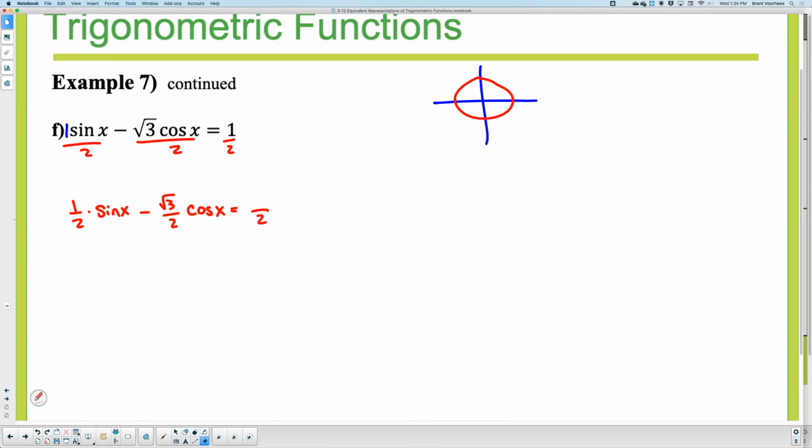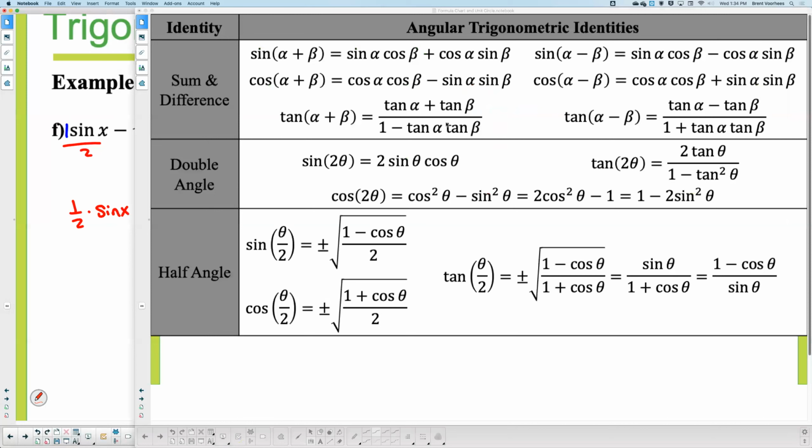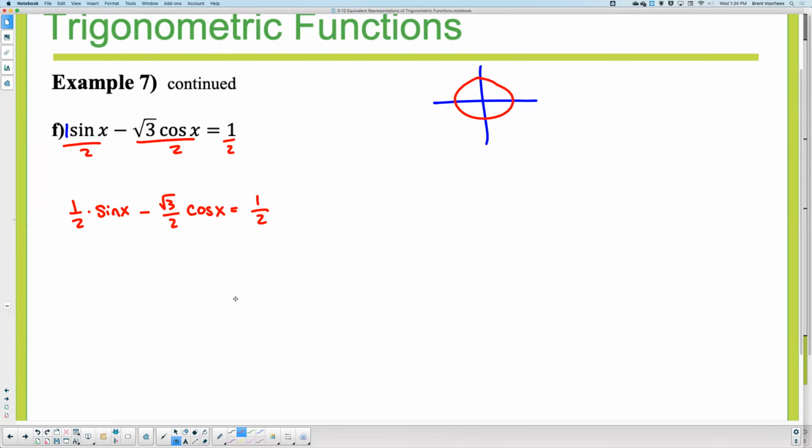Now, why would I do it this way? Because I can use my hand trick to figure out what this is. If it's a sine formula, this is the cosine, this is the sine, because sine's difference formula is sine A times cos B minus cos A sine B. I could reorder it if you wanted to make more sense out of it.